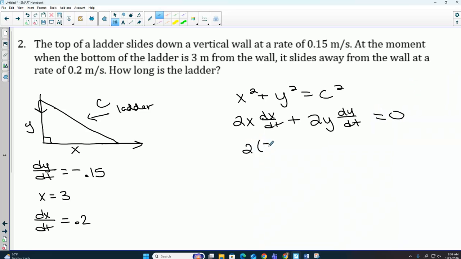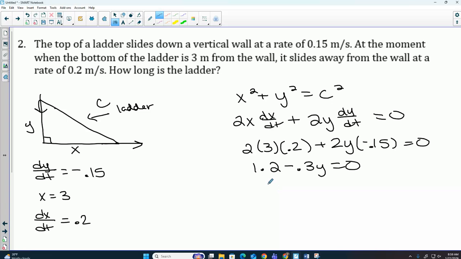My x is 3, dx/dt is 0.2, plus 2y dy/dt is -0.15. So then, 2 divided by 0.3, and the y is 4. But is that what I was looking for?